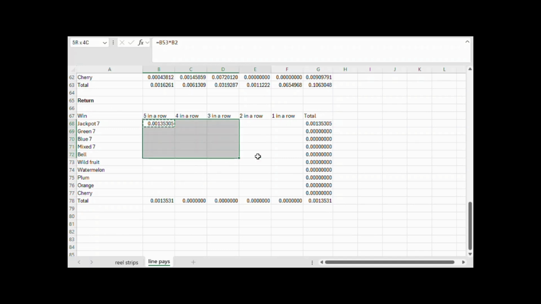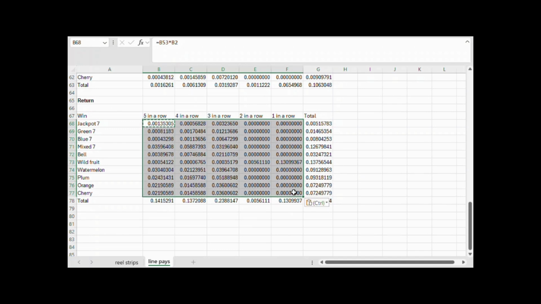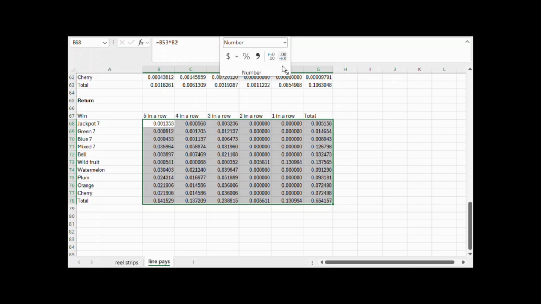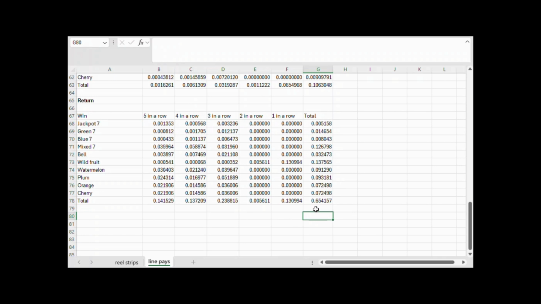So we just need to copy and paste that formula. And this is telling us that the line pays return about 65.42% of the return. And let's do that to 6 decimal places. So there we go. This was much of the project right here. 65.42% for the line pays.